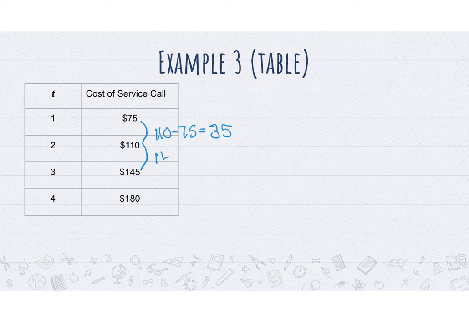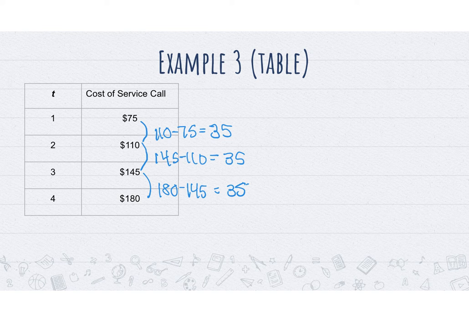Now I'm going to look at the next one. I don't know anything until I do a couple of these. And this is also $35, 145 minus 110. And let's look at the last one, 180 minus 145. Again, 35. So we can see that each hour of time that he spends adds $35 to our total cost.